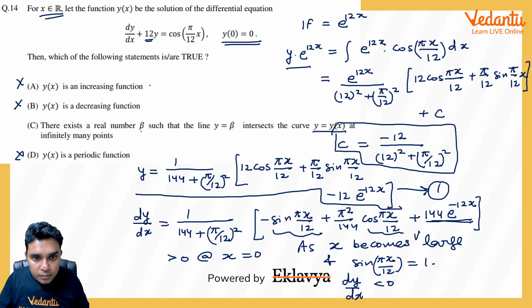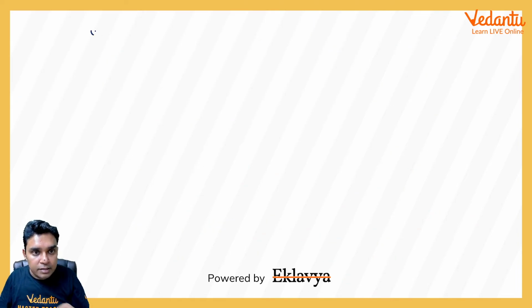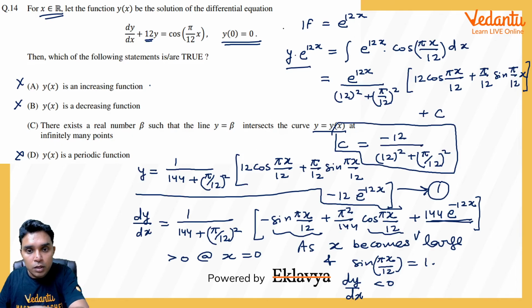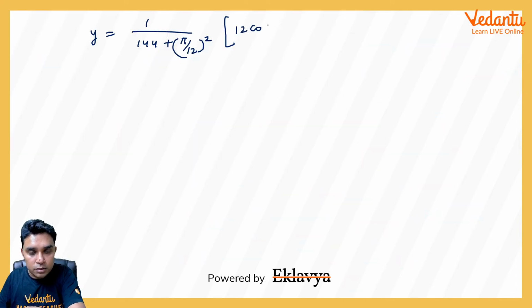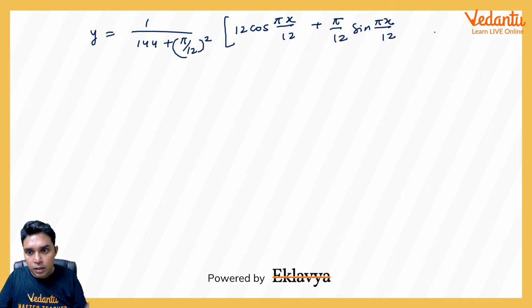Please see, we got the answer as y is equal to 1 upon (144 plus (pi upon 12) whole square) into (12 cos pi x by 12 plus pi by 12 sine pi x by 12), and then I think it is minus 12 into e power minus 12x.